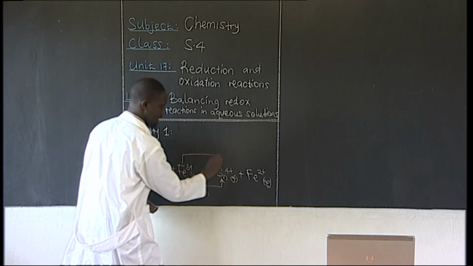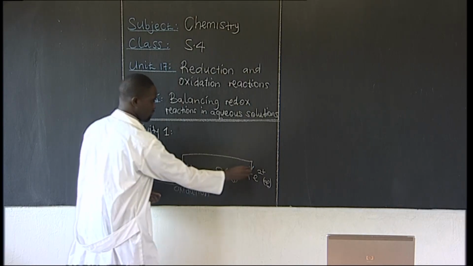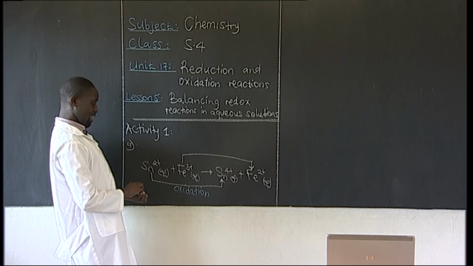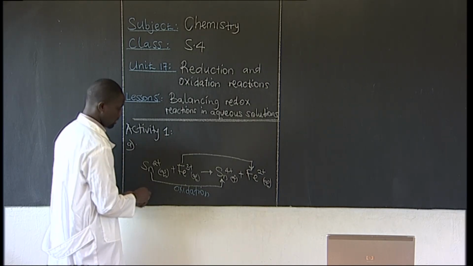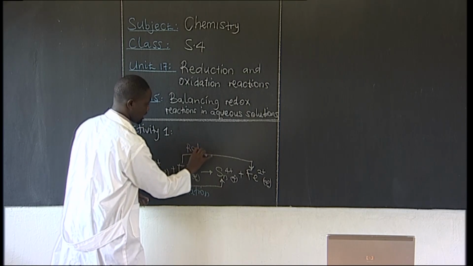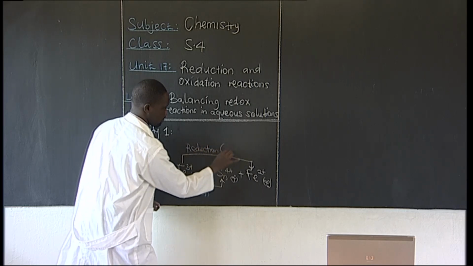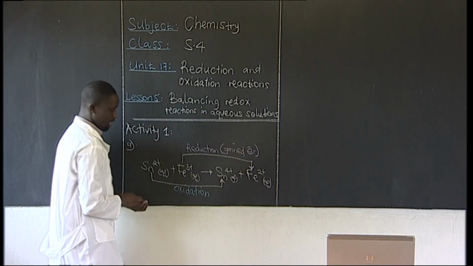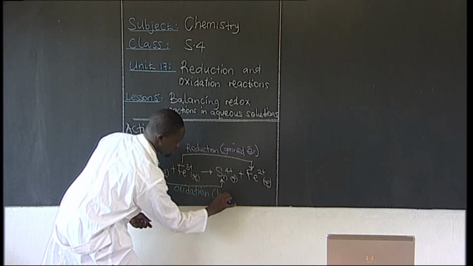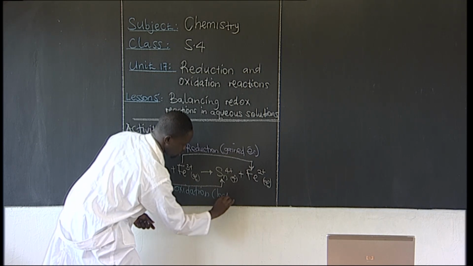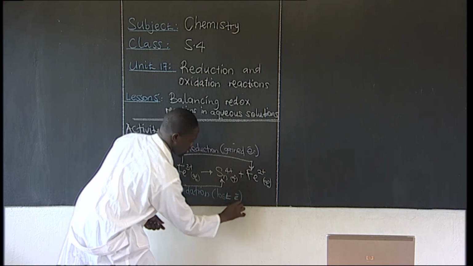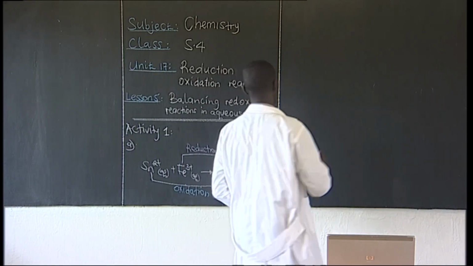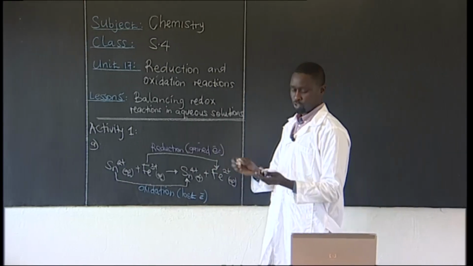If you look at iron, it moved from +3 to +2. What does that imply? There was gain of electrons, so we have reduction here, because it gained electrons. Here we have oxidation because it lost electrons. So after identifying that, we can now go ahead and write the half equations.